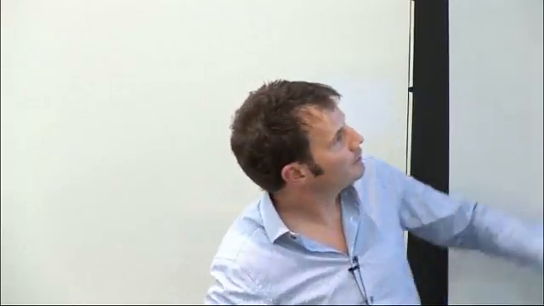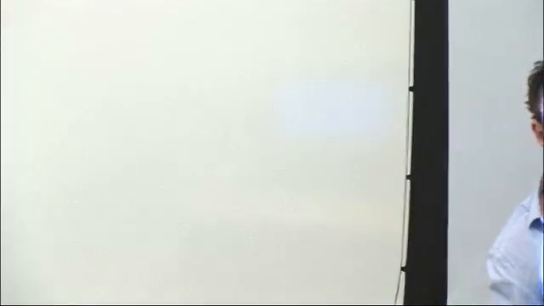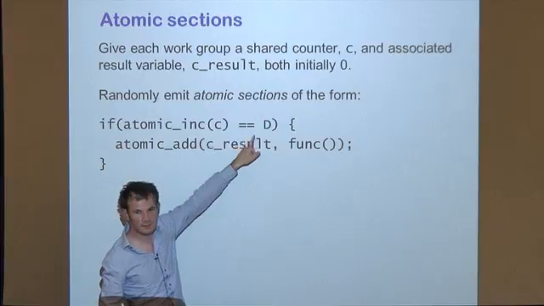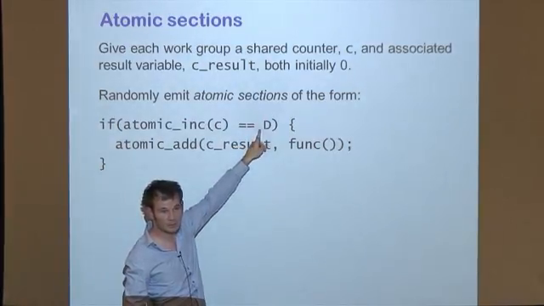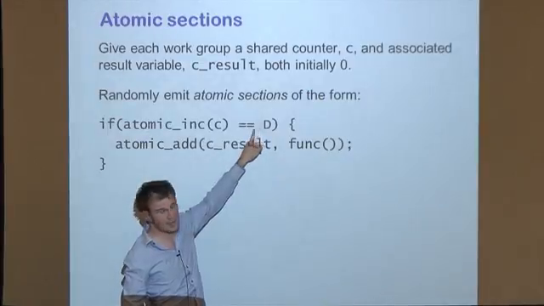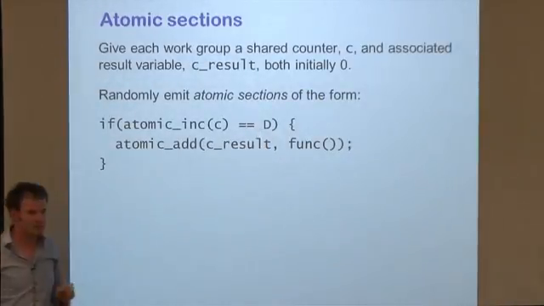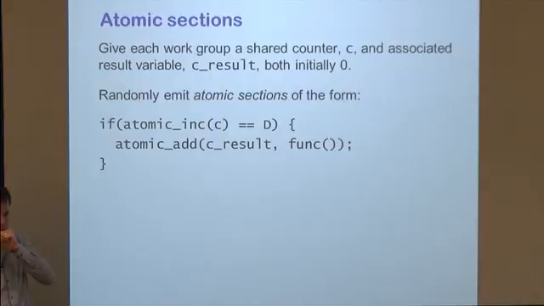Okay, so the first idea we had was atomic sections. The idea is we would give every work group a shared counter, call it C, and an associated result variable called C result, both initialized to 0. And then we would inject in the code an atomic section. This would involve doing an atomic increment on the counter and testing whether you get the constant value d, which is some constant chosen at generation time. If you do, that means you were the d plus first thread to execute this atomic increment.